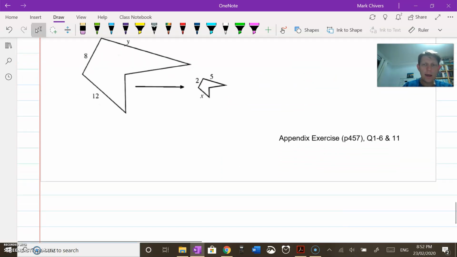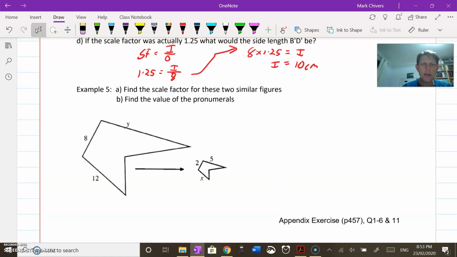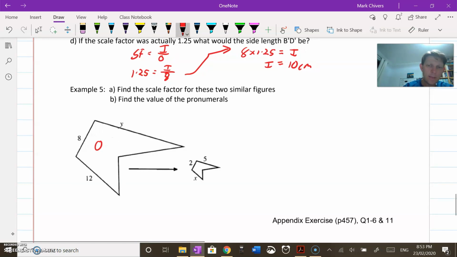Okay. The final exercise we've got here is to find the scale factor of these two similar figures. So we've been told they're similar, so we don't have to find that. Now I'm going to say this is my object and that's my image. All right, just leave yourself a little I and O there so you can work it out. So the scale factor equals the image over the object. So we find two matching sides that have measurements.